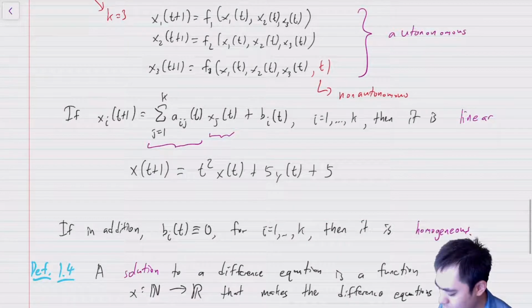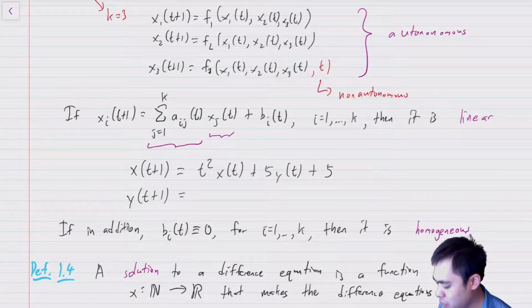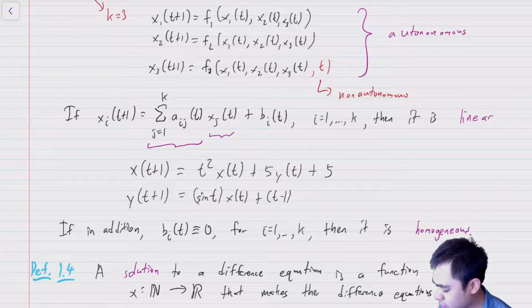And let's say we have another one here. So this is our system. y of t plus 1 is going to be equal to, let's say, sine of t times x of t plus t minus 1 times y of t. And let's say that's plus t squared.